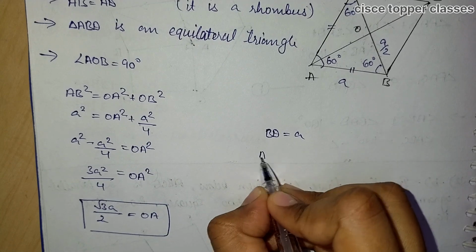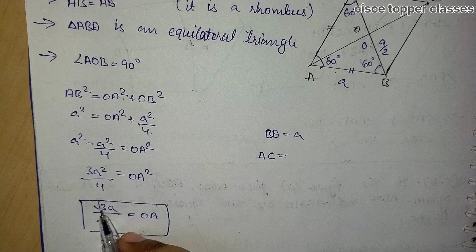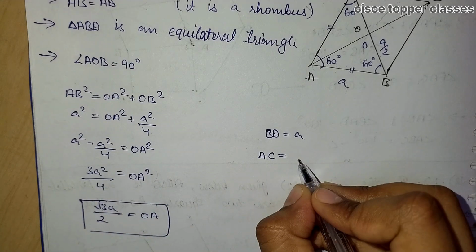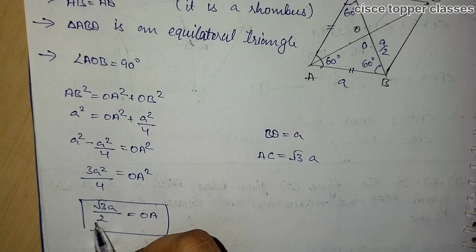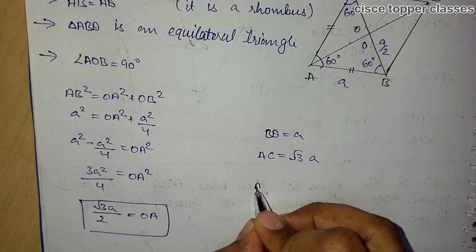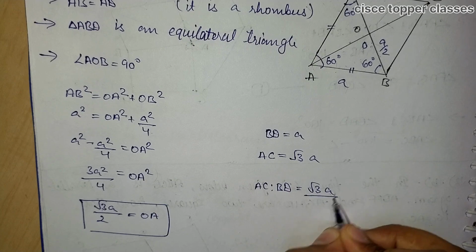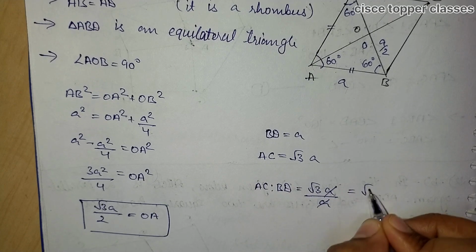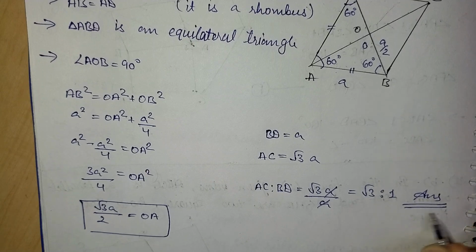And AC is double of OA, so AC is root 3 a. So AC to BD is root 3 a divided by a, the a cancels out, means root 3 to 1 is the final answer.